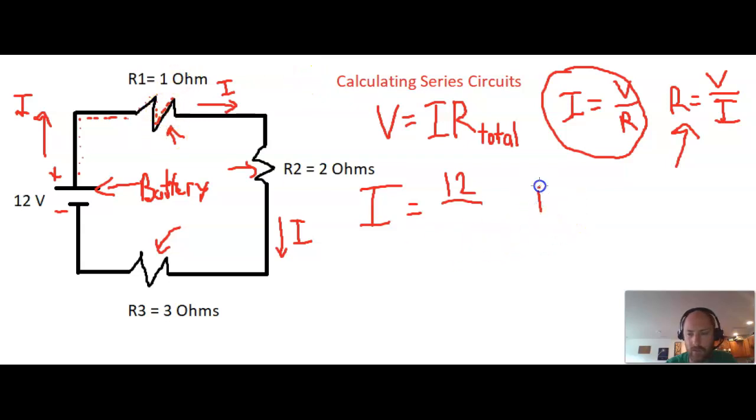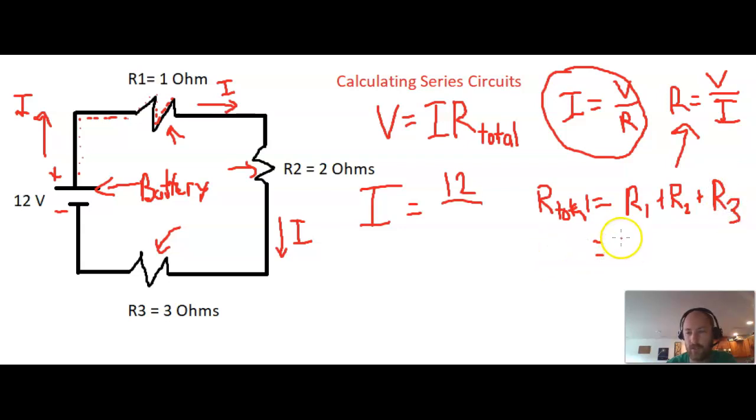So I'm going to show that in a separate equation over here. So R total, I'm sorry, I'm so slow with Paint. R total is going to be equal to R1 plus R2 plus R3. So that's going to be our total resistance. In this case, that's really simple.